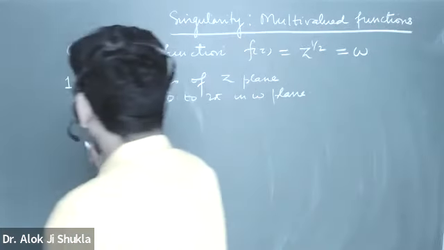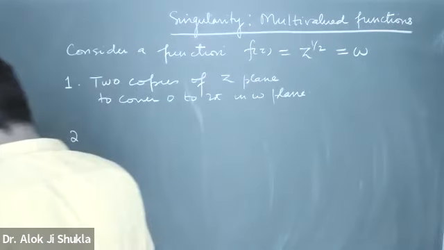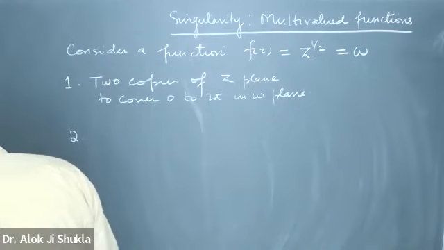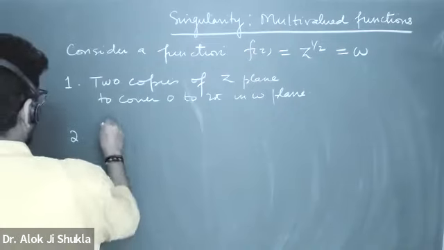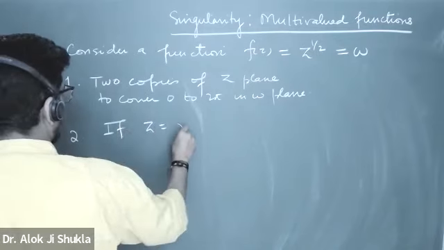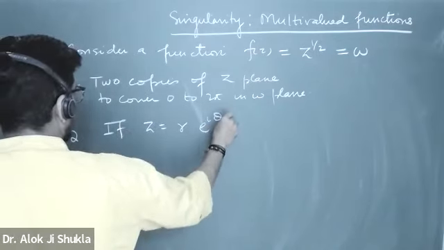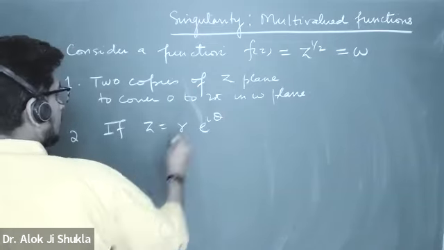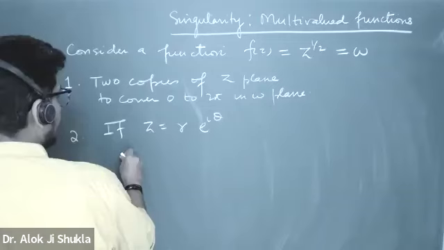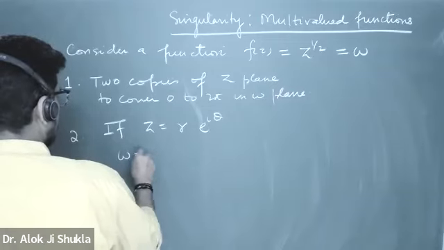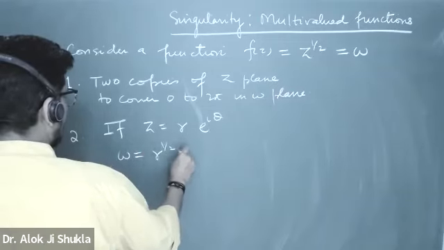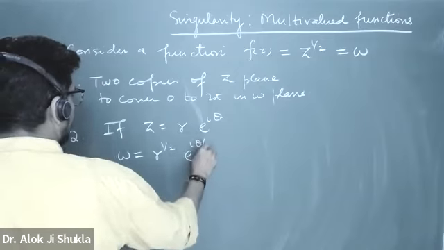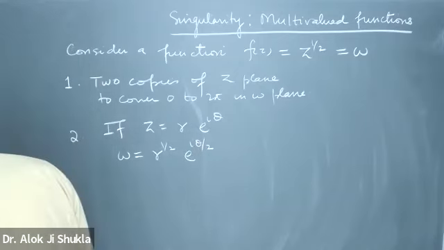And point number 2 is, if z is equal to r e to the power i theta, then we will have omega equal to r to the power half e to the power i theta by 2.